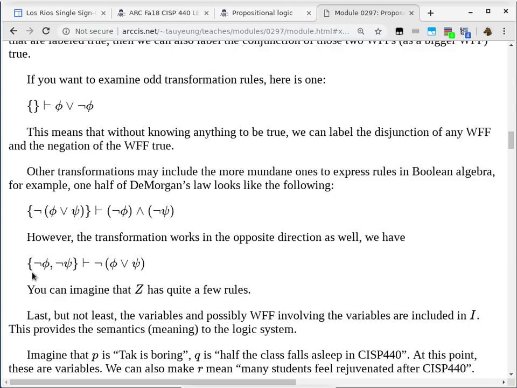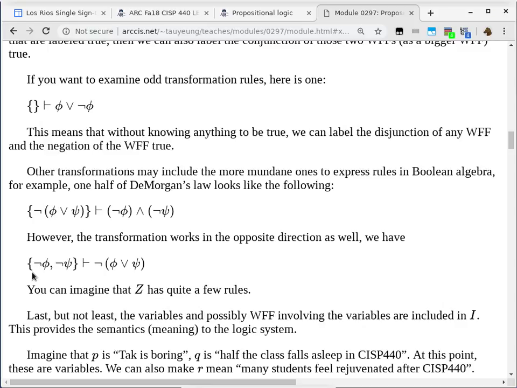What about this one here? This one is saying if you know two logical negations are true, the negation of phi is known to be true. Don't ask me why. The negation of psi is also known to be true. Now remember, phi and psi are placeholders. Each one can be a really simple expression, can be 0, can be 1, can be just p or q or r and so on.